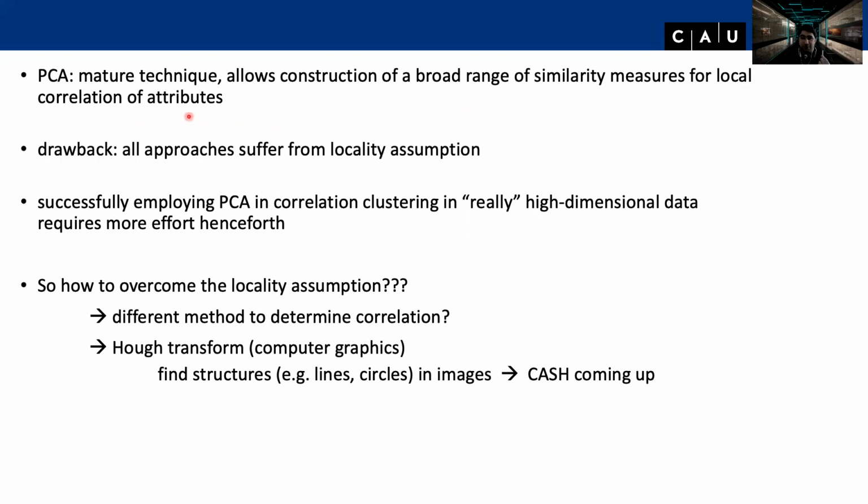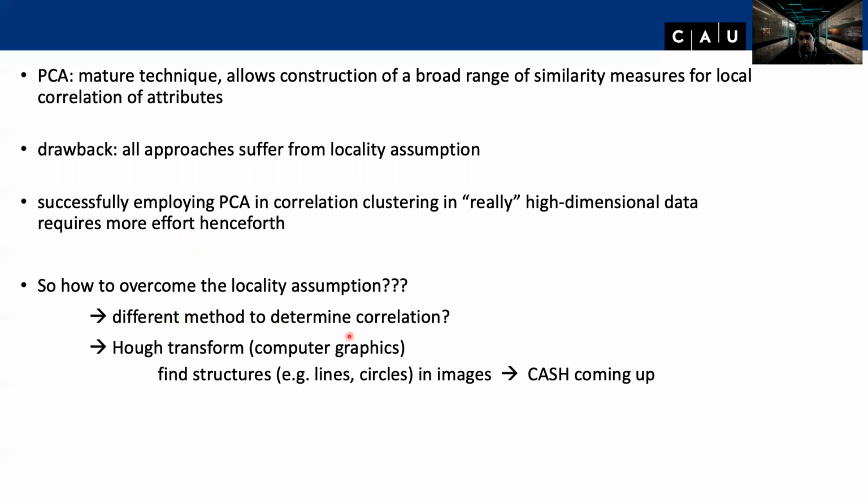However, this is one major drawback. All of these PCA-based approaches suffer from locality assumption. So successfully deploying PCA in correlation clustering in really high dimensional data, like several hundreds, thousands, 10,000s, millions of dimensions, requires more effort. So how can we overcome this nasty locality assumption, you may ask?